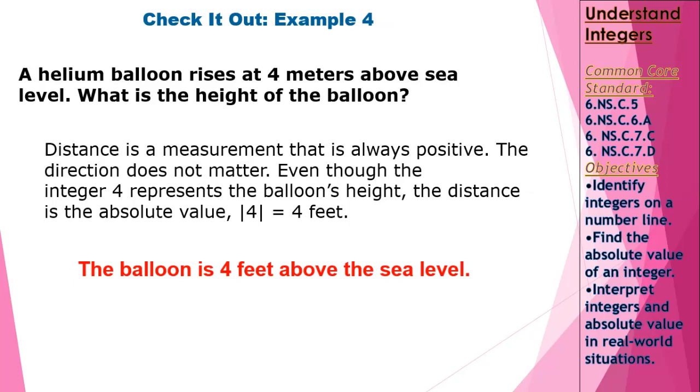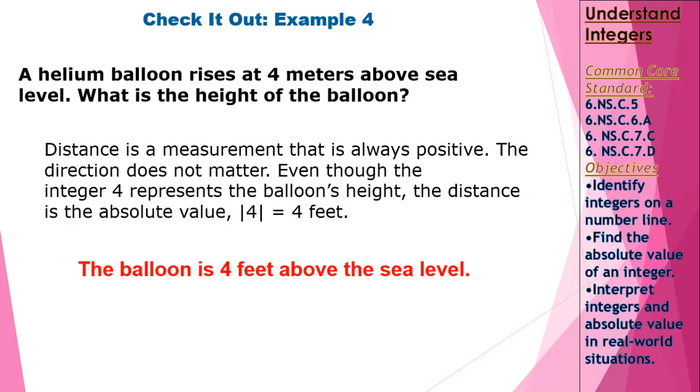Here it's 4 meters above sea level, so it will be positive 4. But I also have to do the same: write the absolute value of 4 as 4 feet. So the balloon is 4 feet above the sea level. Is it clear?